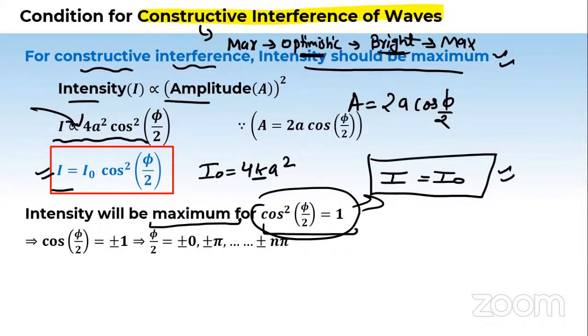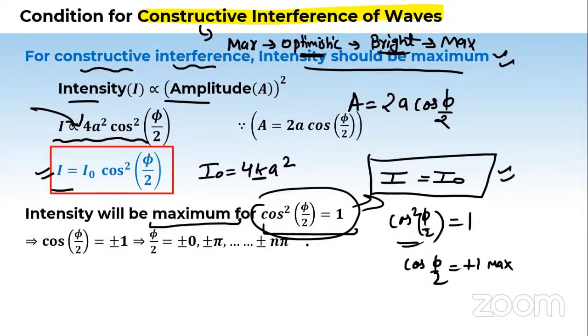So if we find the angles for which cos²(φ/2) is 1, that means cos(φ/2) is also maximum, that is 1.